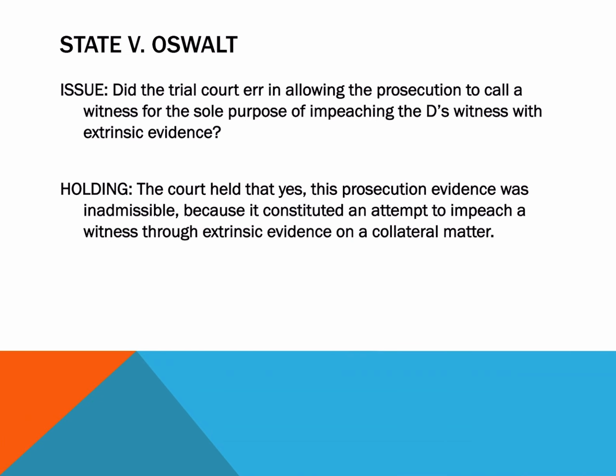At issue was whether or not the trial court should have allowed this prosecution witness to discuss, for the sole purpose of impeaching the defendant's witness, this extrinsic evidence of whether or not he was in the restaurant every single day.